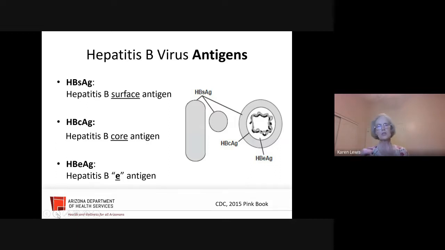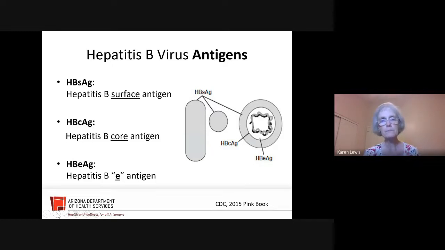The C antigen is what they call the hepatitis B core antigen. And the E antigen is what is elevated when there's a lot of viral replication, high levels of hepatitis B virus. But you can be infected and not be E antigen positive. Core antigen is present when you have active infection, as well as the surface antigen.